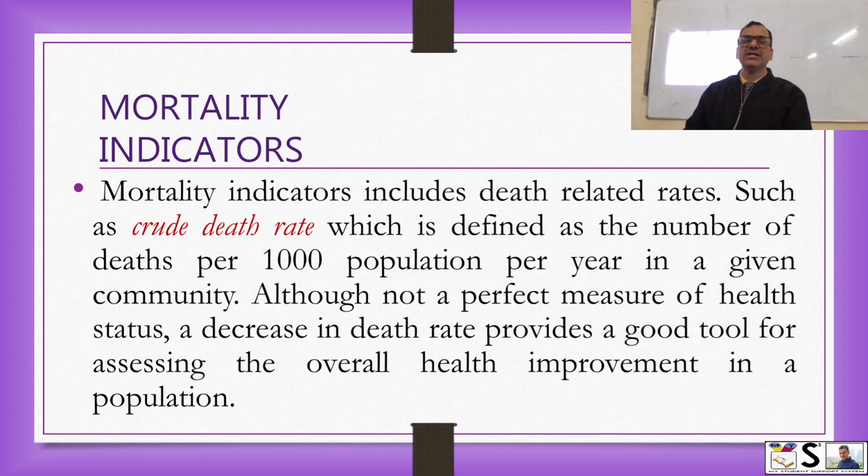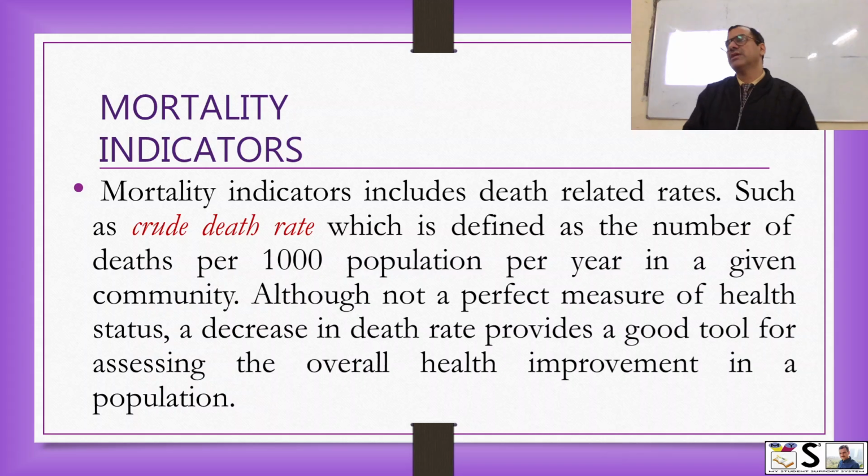So mortality indicators include the death rates, death related rates such as crude death rate. So what is crude death rate? Crude death rate means any death in the community. It is defined as the number of deaths per 1000 population per year in the given community.